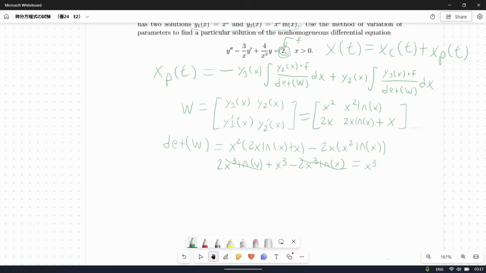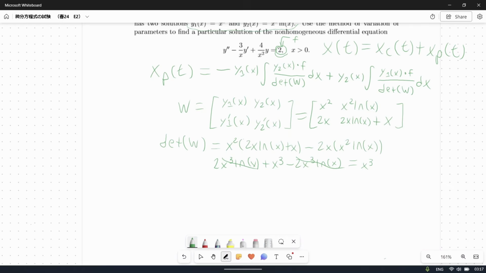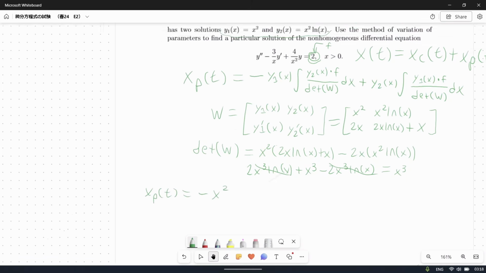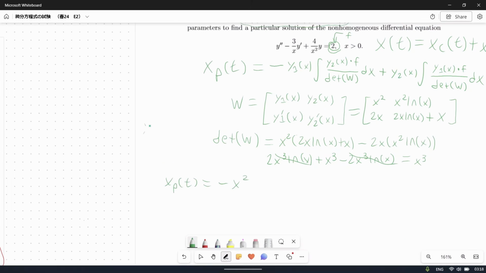So now we have all of the terms that we need. We know that f is going to be equal to 2, and we have our two solutions, y sub 1 and y sub 2. So now we can just plug everything into the formula. We can say that x sub p of t is going to be equal to negative x squared, because we know that y sub 1 is x squared, and y sub 2 is x squared times the natural log of x.